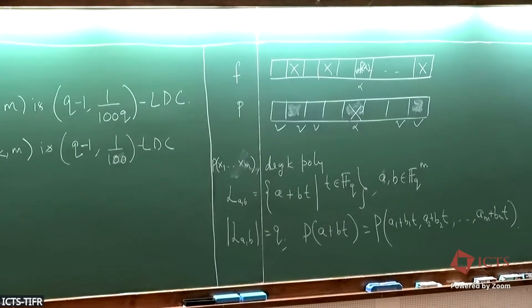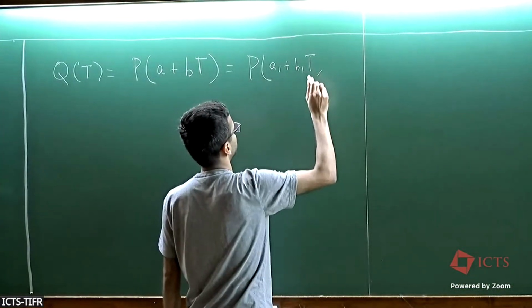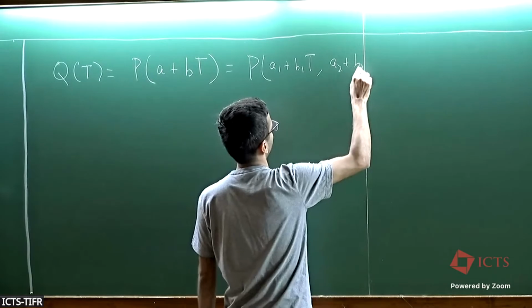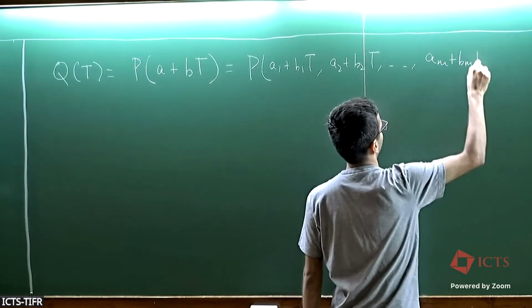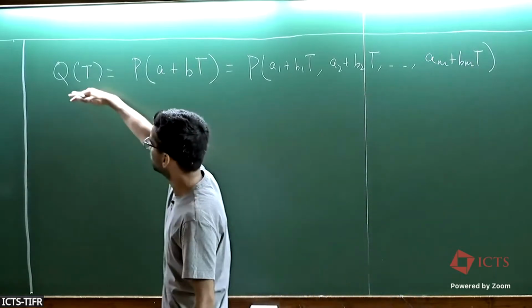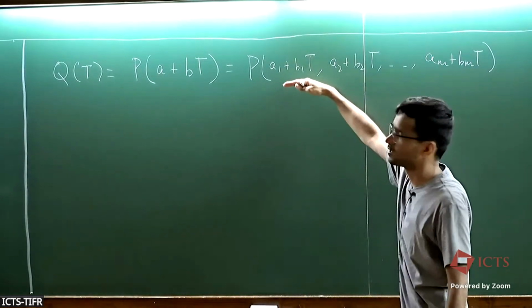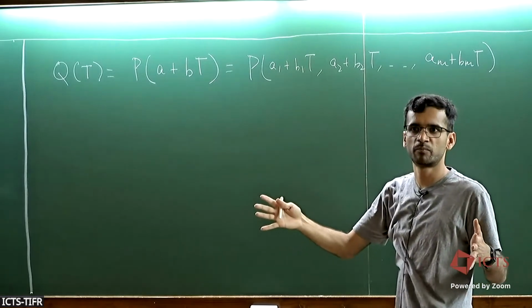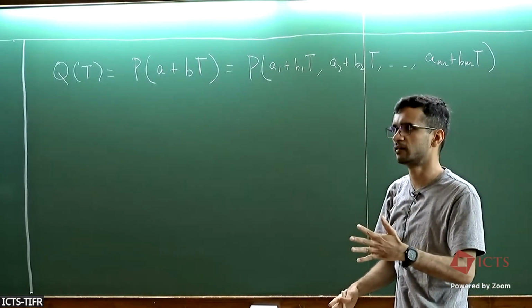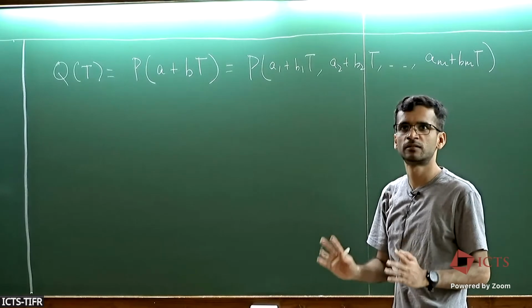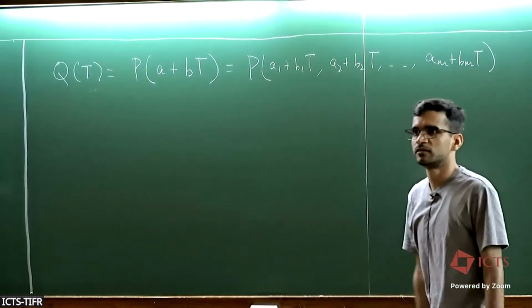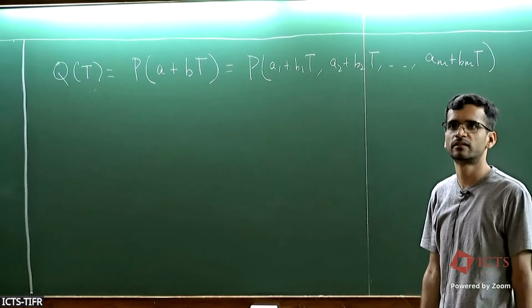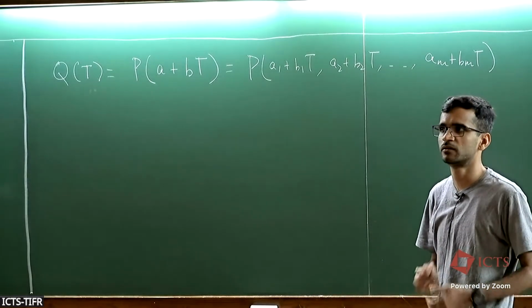From the definition, this is P of a1 plus b1 times capital T, a2 plus b2 times capital T, and so on, up to am plus bm times capital T. So this is a univariate polynomial that we got by restricting the m-variate polynomial P to the line a plus bt. Is that clear? Great. What can we say about this univariate polynomial? What is its degree? How big can the degree of Q be?